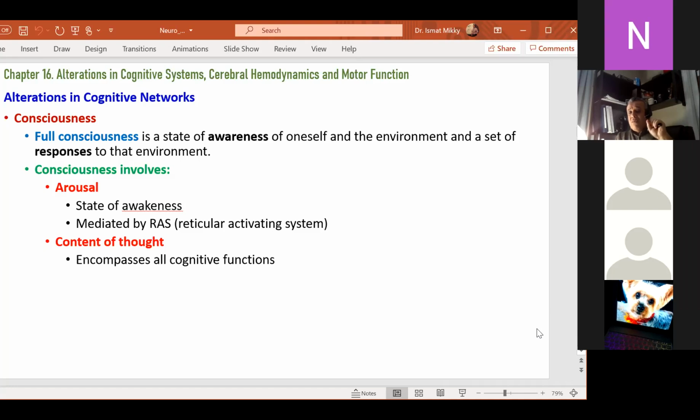And the arousal is mediated by the RAS system, which is not the RAS in the kidneys and blood pressure. This one is the RAS, the reticular activating system.